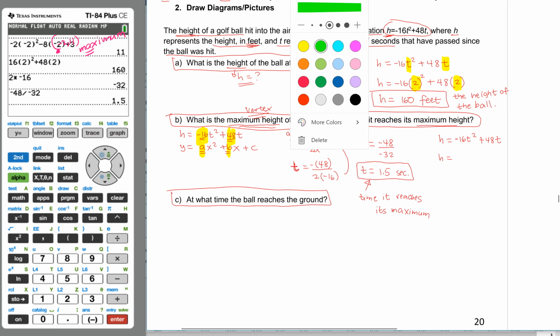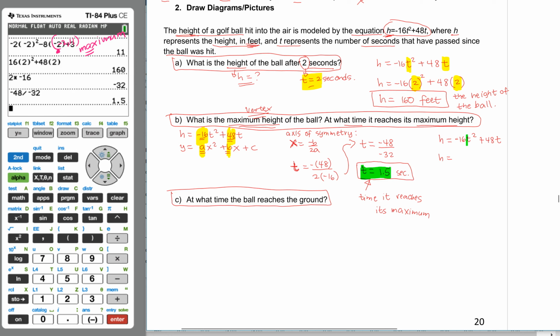Whatever t value we have, I'm going to substitute it here. So we have now negative 16 times 1.5 squared plus 48 times 1.5.